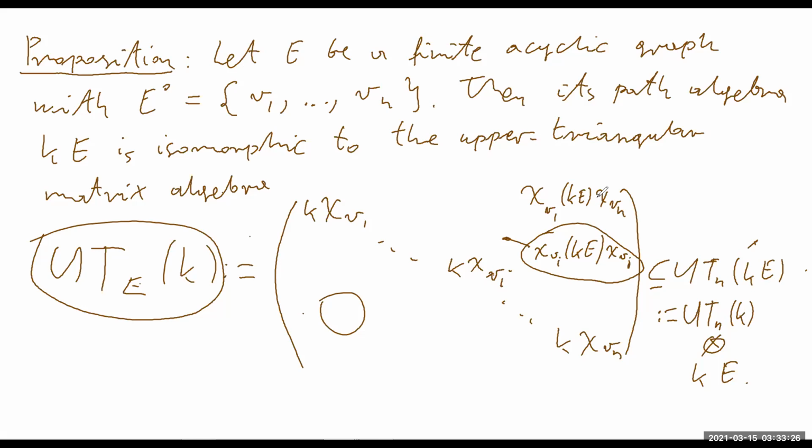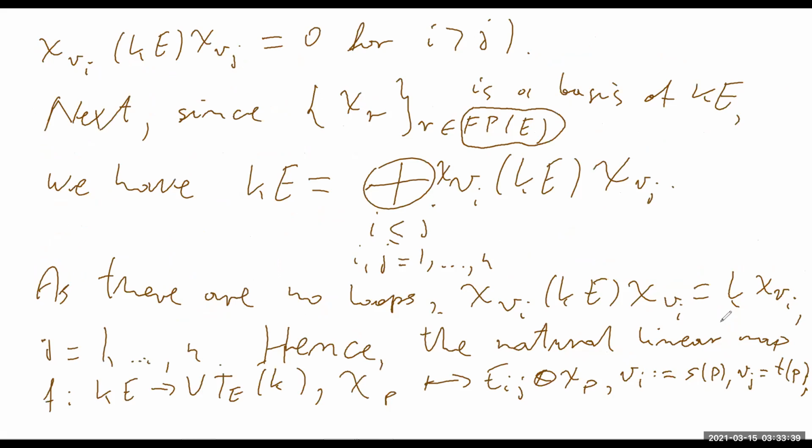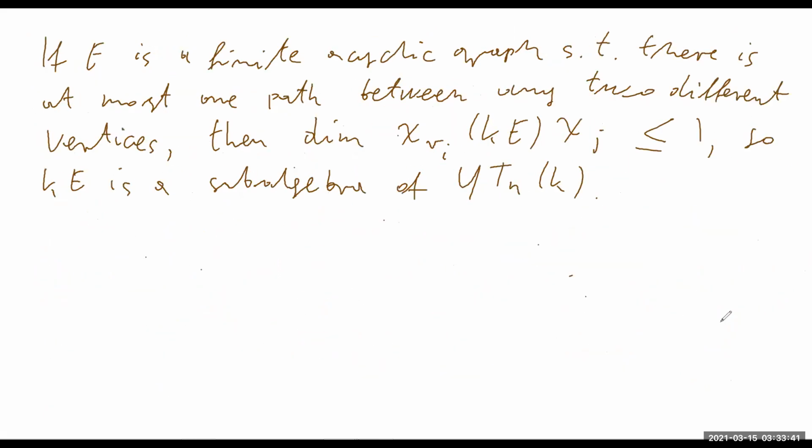So in fact, without this tensor product with K_e, it will be simply inside UT_n(K). And you have lots and lots of examples.